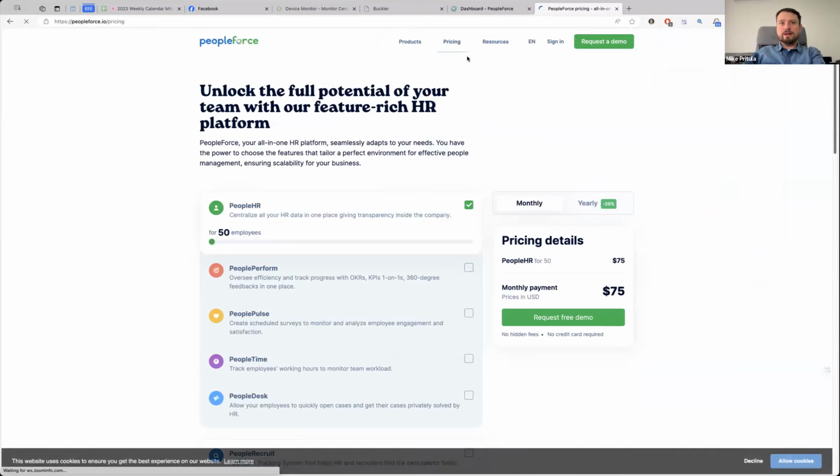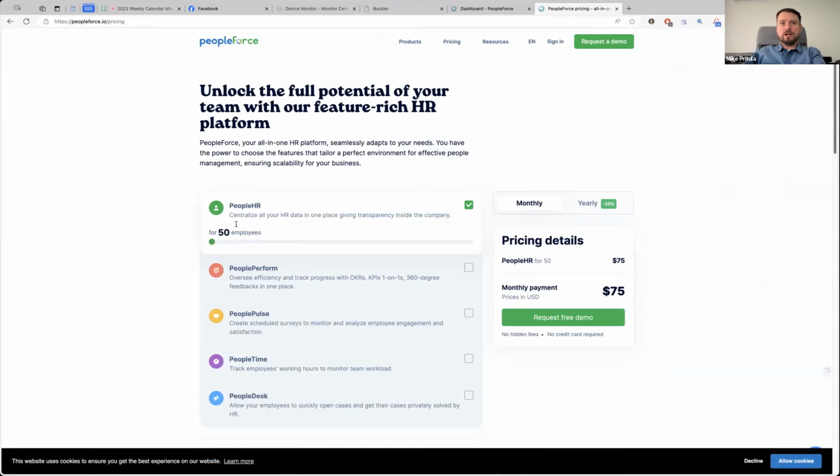And talking about the price, if we start just with People HR, let's say we have 100 employees, it will cost you just $1.5 per employee per month. So for 100 employees, this is going to be 150. And if you pay on a yearly or annual basis, it's even cheaper.